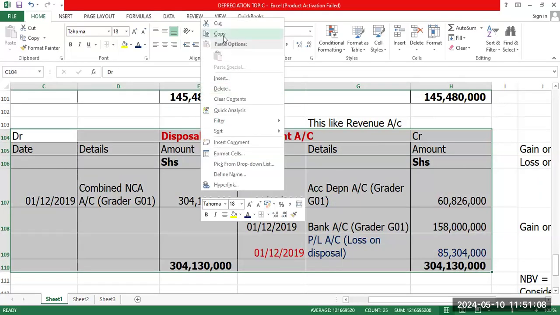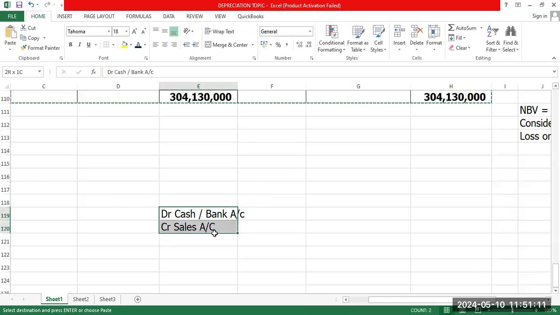In your books, please create a bank account.